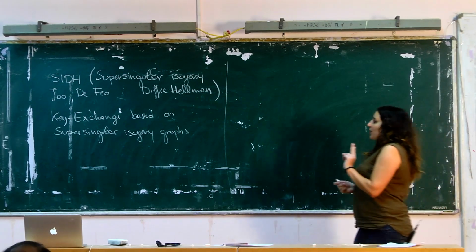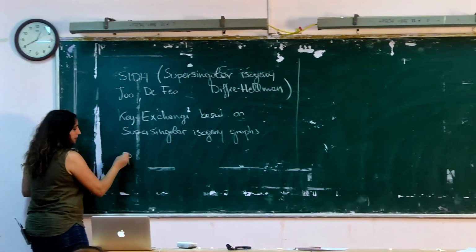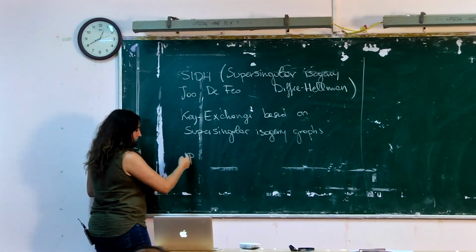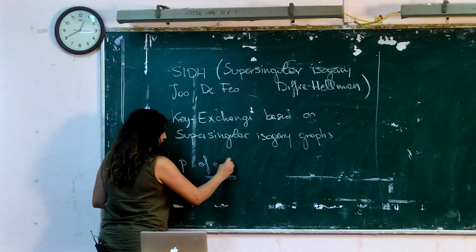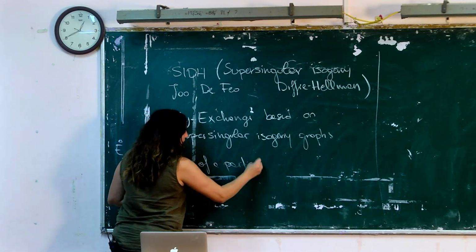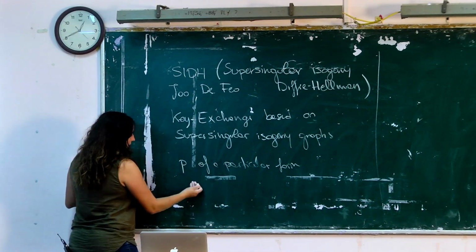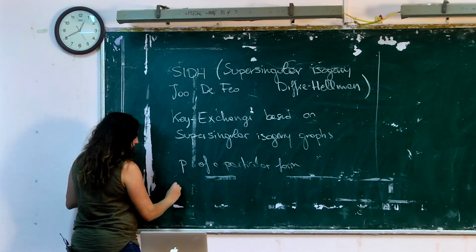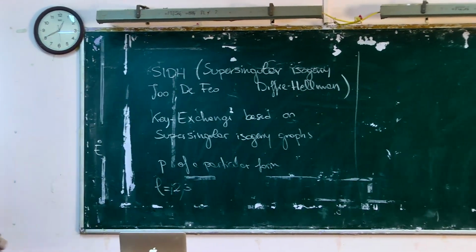So here we fix a prime p of a particular form. And we use two different primes, l equal 2 or 3, okay?